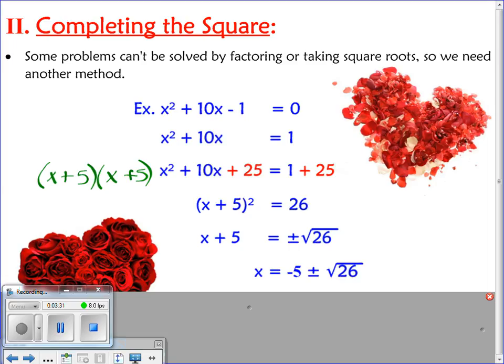Can you move a c value to the other side? I can do that. So really the trickier part is knowing what number is added. How did they do it? They divided this number by 2, and then they squared it. And then they factored it, and then we did what we just did. That's what we're going to talk about. That's the completing the square.